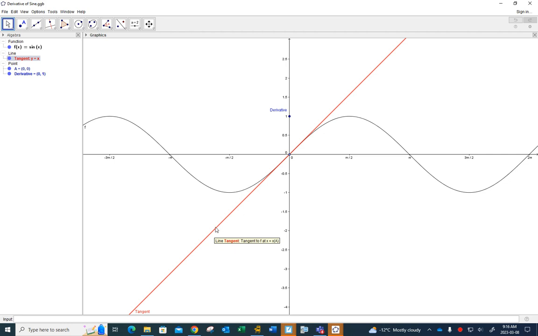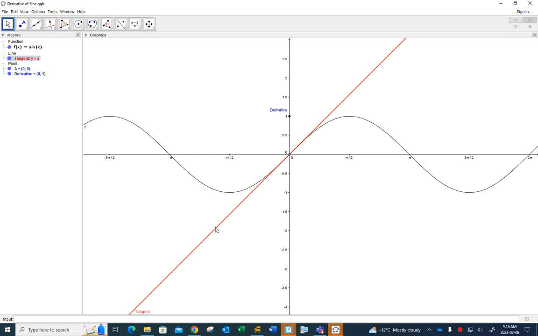Now, if I wanted to use the sine graph to graph the derivative graph, I would have to plot a point, find the tangent line, and figure out the slope. Right now, you see there's a dot labeled derivative. The derivative is 1. Can you see that if I went to the top at pi over 2, then my tangent line would be completely flat?